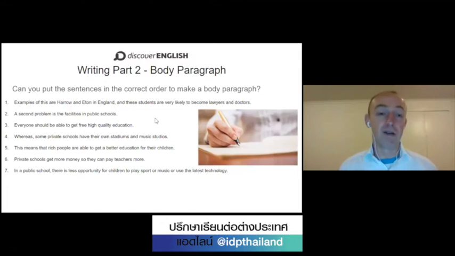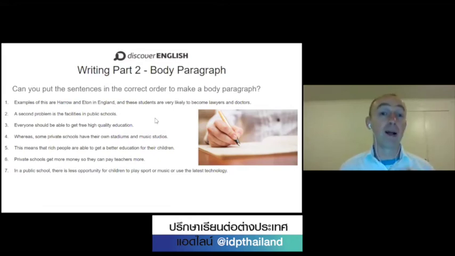This means that rich people are able to get a better education for their children. And then we go to an example, number 1. Examples of this are Harrow and Eton in England. And these students are very likely to become lawyers and doctors. So there we've got a supporting example for why private school students have a clear advantage over public school students.